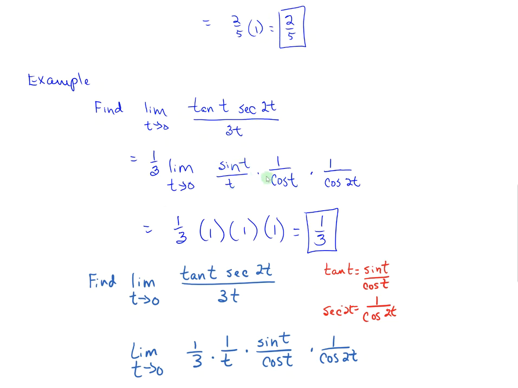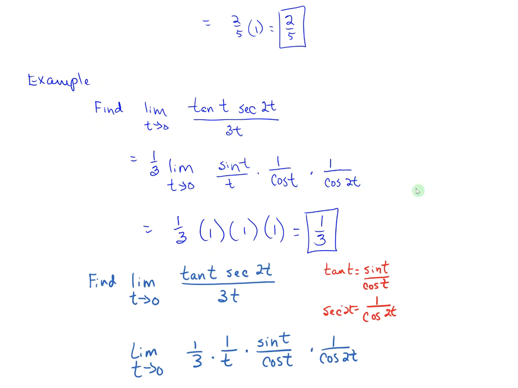So the sine over cosine takes care of the tan. Remember, this 3 is gone. It's out here. And so you have 1 over t. So now this piece is taken care of by this. The secant 2t is 1 over cosine 2t. That's the same thing.